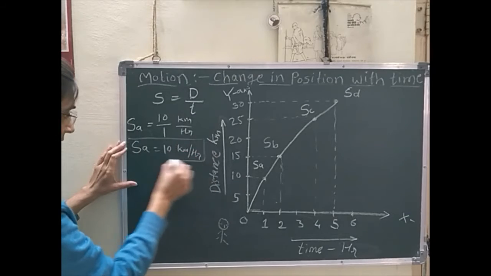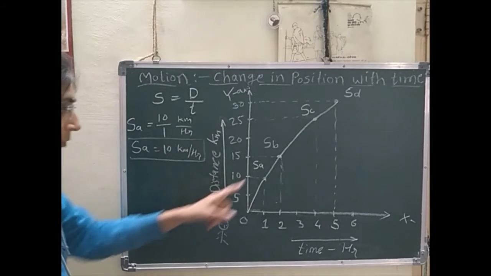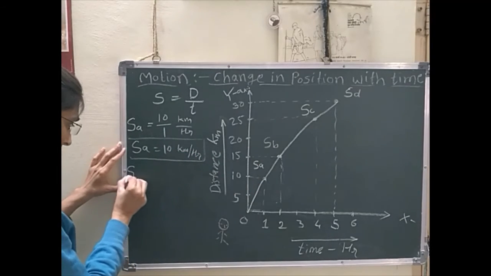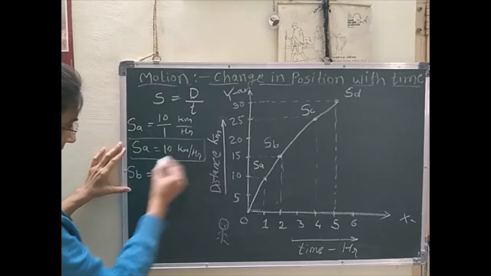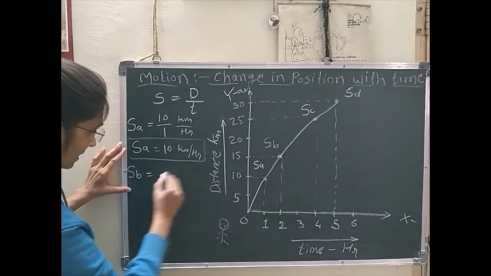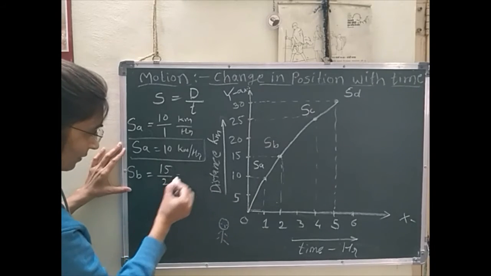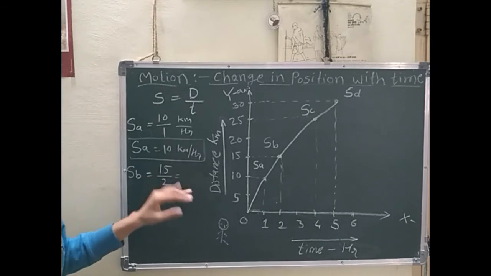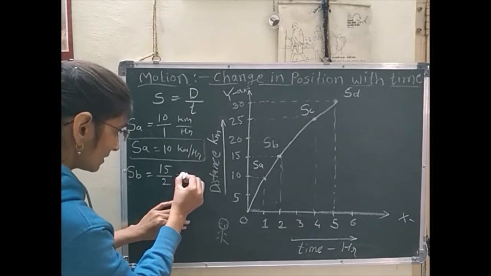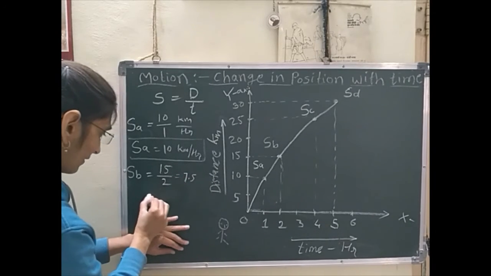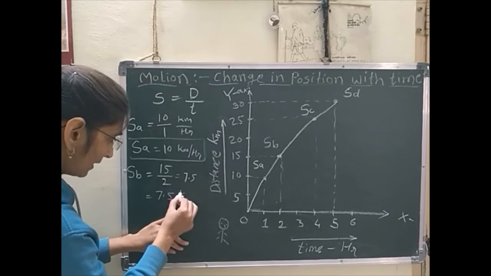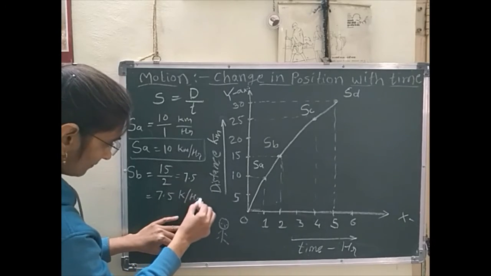So this is the speed for the first point. For the second point, B, how will the speed be? What is the distance? 15. 15 upon 2. So what will be the speed? 7.5. 7.5 kilometer per hour.